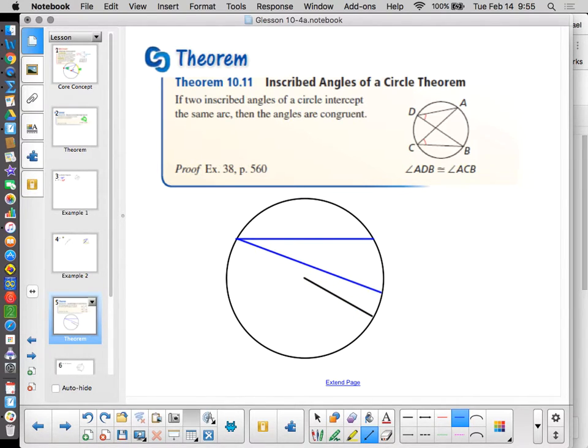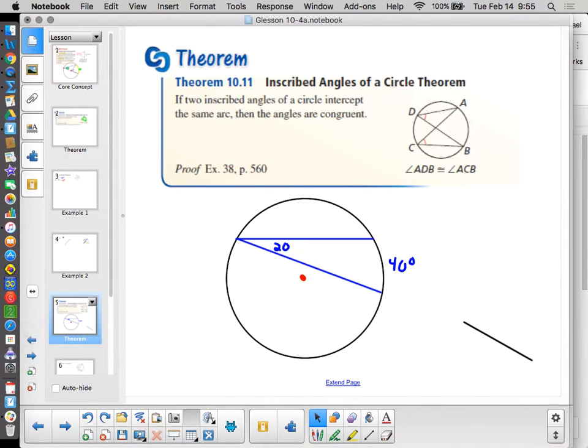Okay? And that's intercepting some arc of my circle. And really the only reason I needed this radius here was so I could note where the center of the circle is. We can get rid of that for now. Okay? And I know that if this arc is, say, 40 degrees, then this angle must be 20 degrees. But it doesn't really matter.